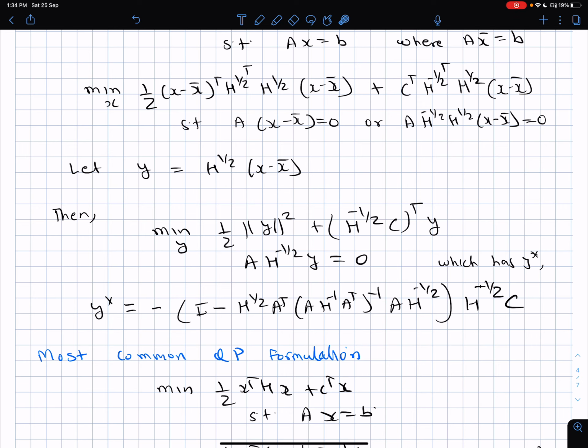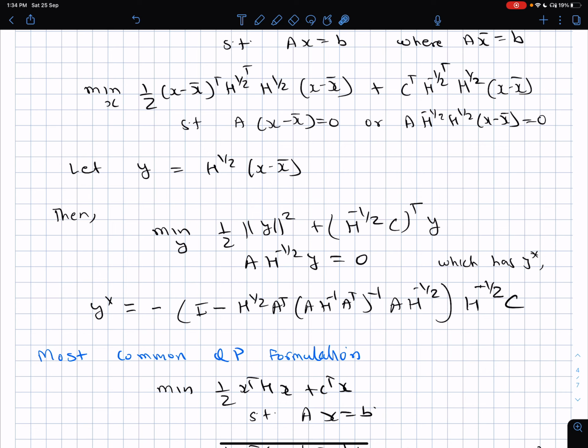Once you have got y star, then just take this side here, and x bar is already known to you, so you get the optimal solution x. So again the projection property has been used to solve this particular problem.